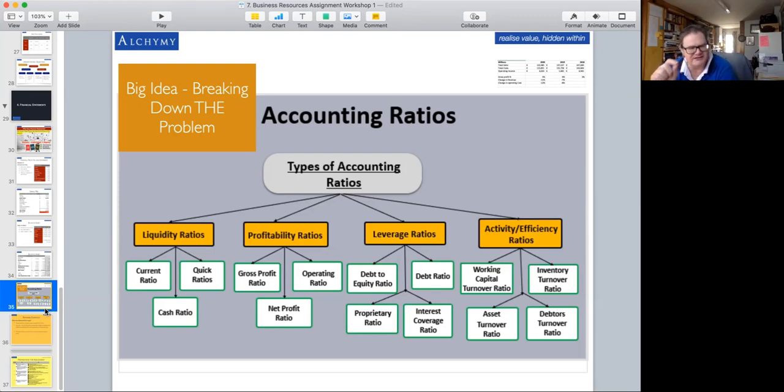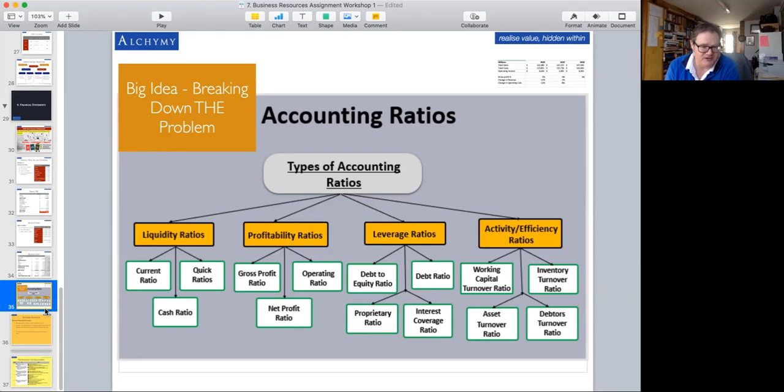Ratios are just an analysis of the numbers in the accounts. The beauty of this is that these are standard ratios. They give us the ability to look at certain things to try and figure out, is the business liquid? Is it profitable? How much debt does it hold in terms of leverage, etc.? So it gives us a template, but we can apply the same template to any business. So if we figure out which are the ones we're really interested in, we can run it across different years, we can run it across different businesses, we can make our decisions on whether we like this business or not.